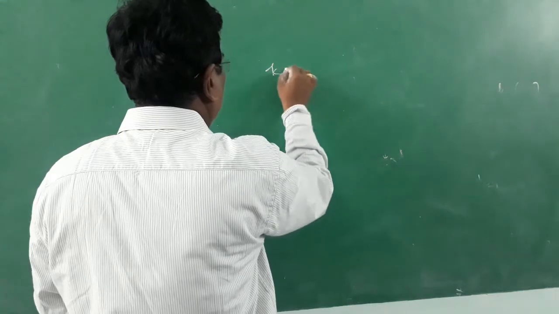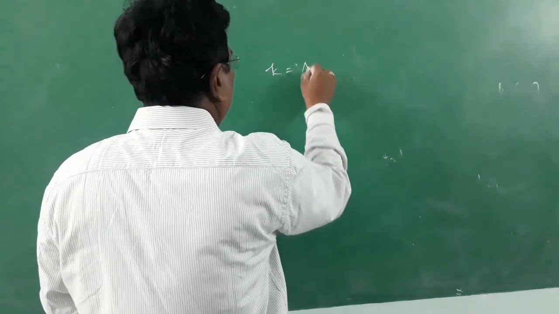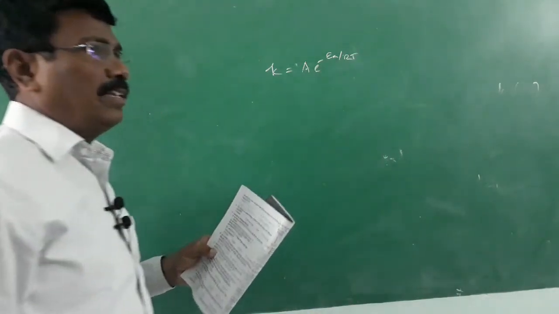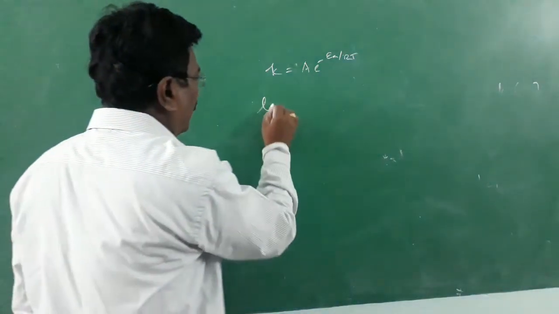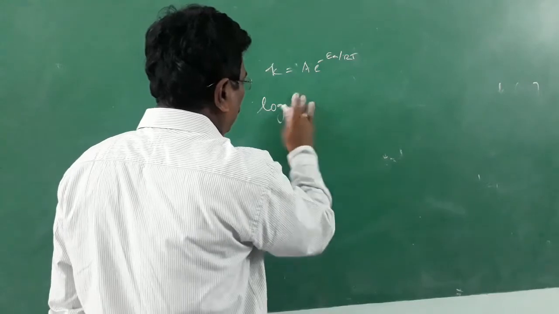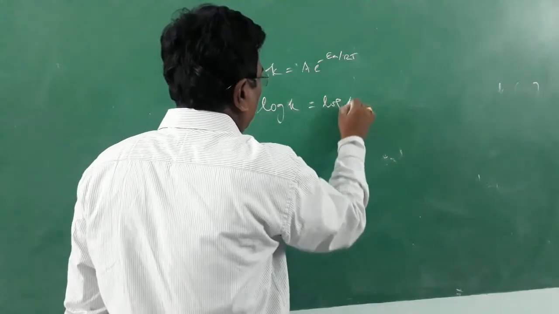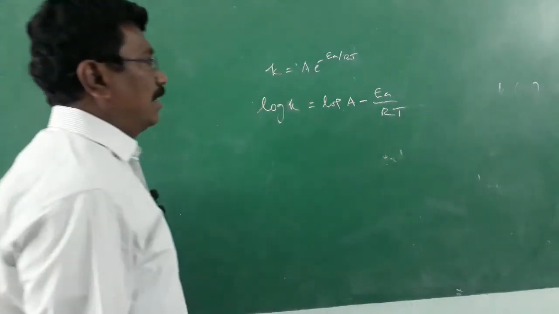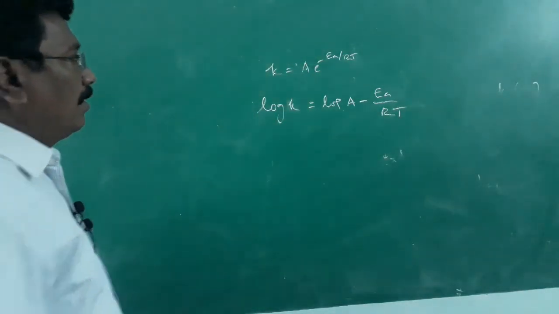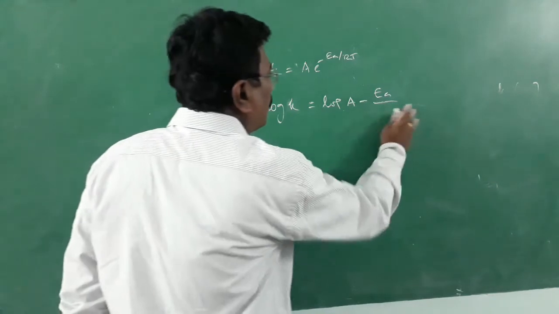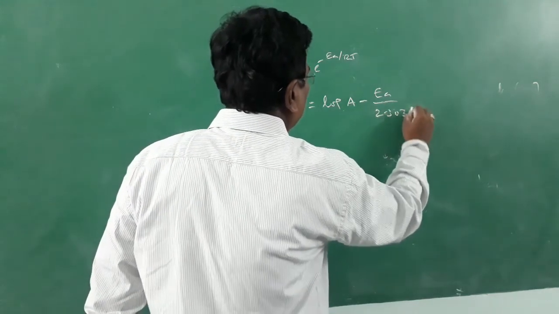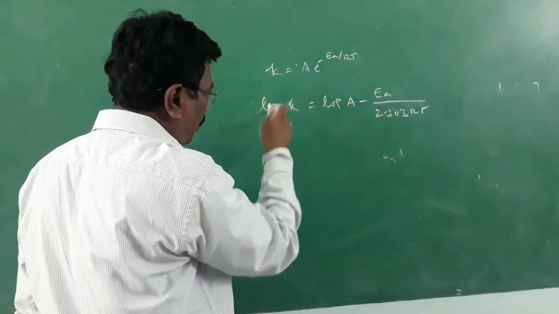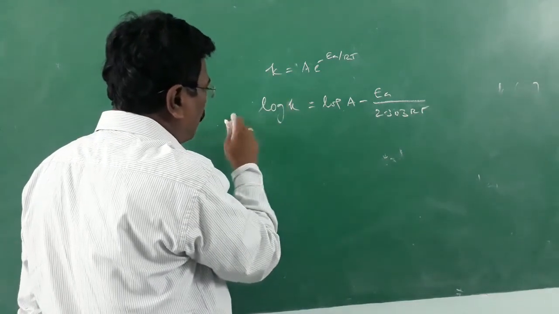The Arrhenius equation: K is equal to A into e power minus Ea by RT, and the logarithmic form of the equation is log K is equal to log A minus Ea by RT. If we go in for logarithmic form, it will become 2.303 RT, because to convert natural logarithm into common logarithm, it has to be multiplied by 2.303.